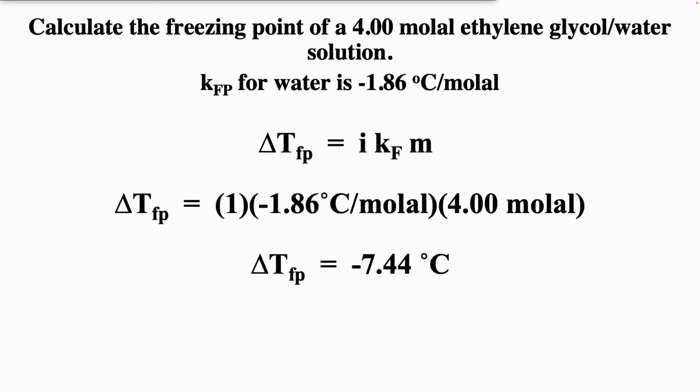And so here we're calculating the change in freezing point. Ethylene glycol is a non-electrolyte, so it just has a van 't Hoff factor of 1. This is our Kf, and our molality is 4. And so our change in the freezing point is 7.4. And the change in boiling point was 2.